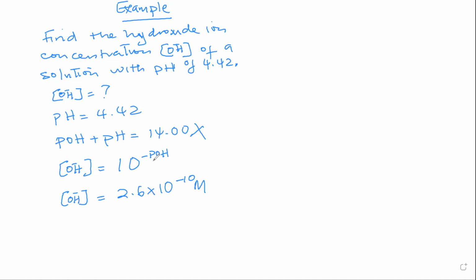And just to remind you, we know that pOH was a negative log of that. So we know the pOH, we don't know this, we use the anti-log. So this is expressed in this form to get that.